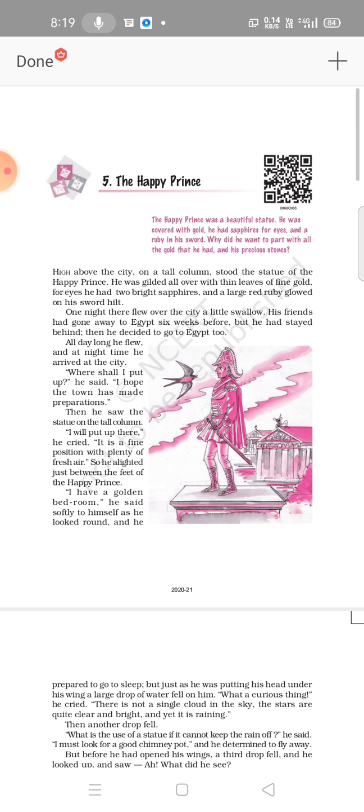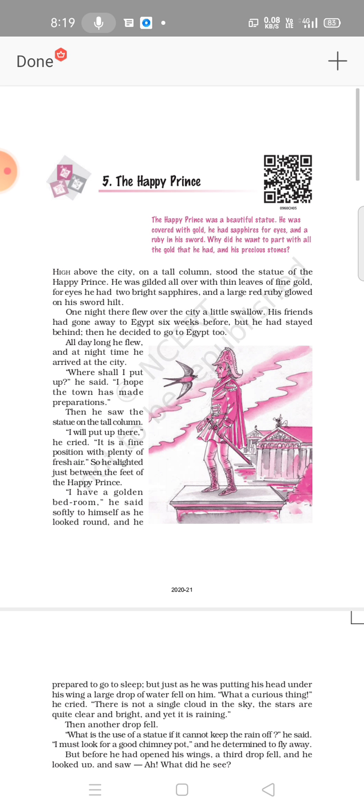He was gilded all over. Gilded means covered with gold. The statue was covered with gold. That is called gilded.